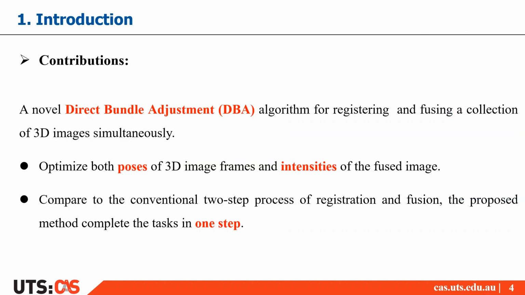In this paper, we proposed a novel direct bundle adjustment algorithm for registering and fusing a collection of 3D images simultaneously. The method can optimize both poses of 3D image frames and the intensities of the fused image. Compared to the conventional two-step process of registration and fusion, the proposed method completes the tasks in only one step.